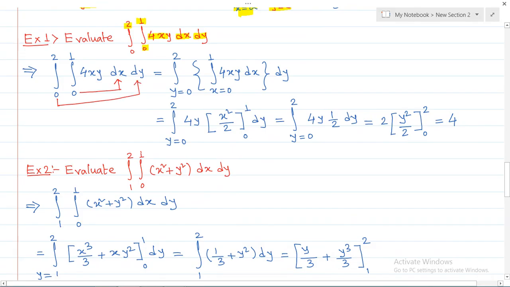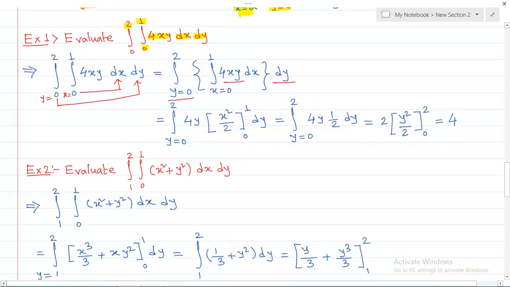So this is the first and foremost thing, you have to understand it very carefully. So we write y equals 0 to 2, x equals 0 to 1, 4xy dx dy. I have arranged it in this manner. The y limit is outside, so y integration we will perform later. The x integration we have to perform first.